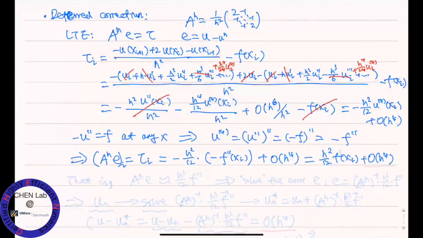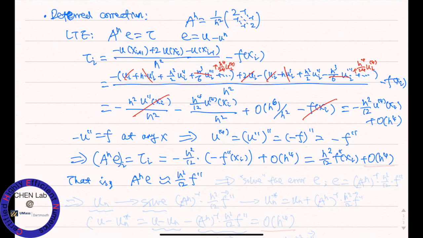What this says is that if we forget about the higher order term, tau h is kind of like h squared over 12 f double derivative evaluated at the vertices.